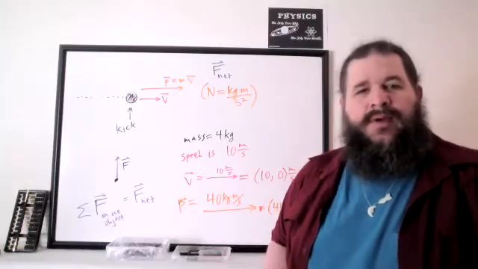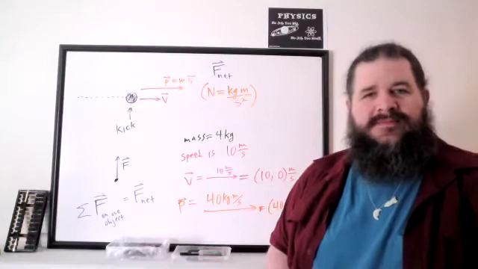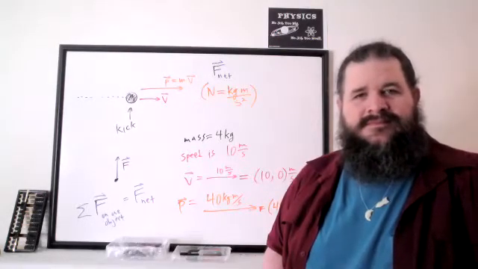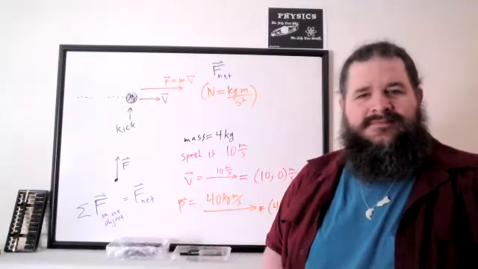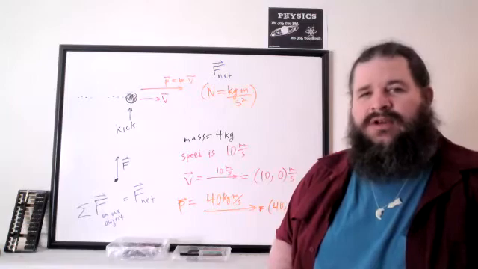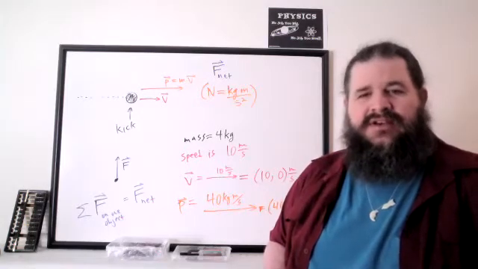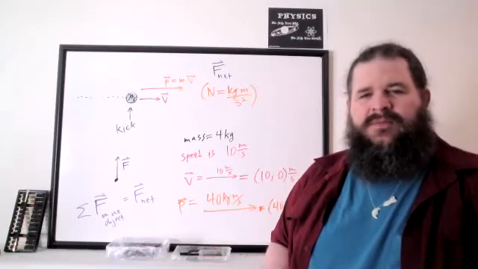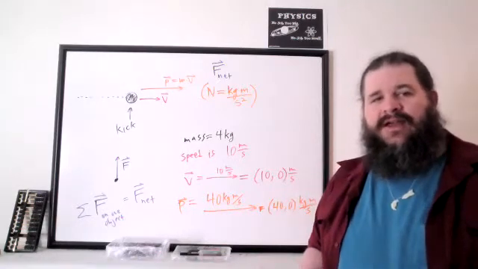And what do you call the rate at which velocity changes? If the velocity is changing, what do you call the rate of change in velocity? Speed is just the magnitude of velocity, how fast the object is going.